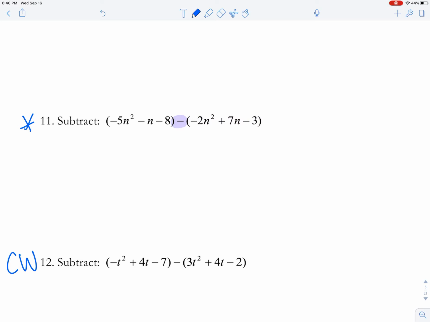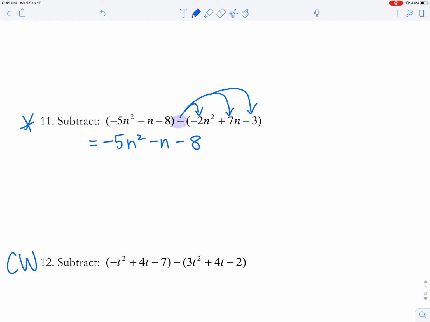And the first thing we're going to do is make sure that subtraction symbol gets distributed onto every part of that second bracket. So I'm going to start by not writing the brackets, going through doing any distributing. So the first bracket I can just take directly out of the brackets and write down minus 5n squared minus n minus 8. For the second one, I'm going to distribute that minus sign.